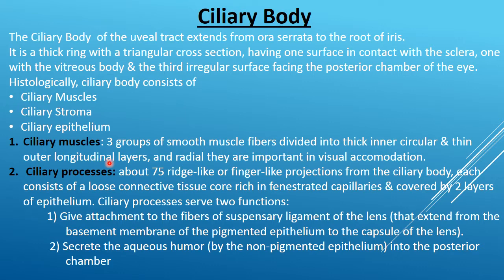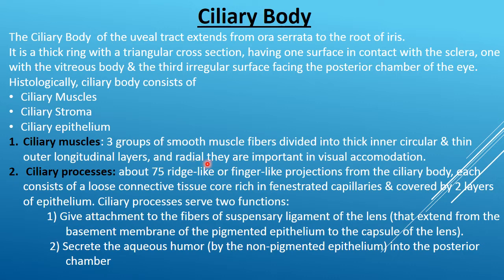As I have told you, the longitudinal muscle is attached at the limbus, and it helps to widen the angle of the canal of Schlemm, and it improves the circulation and flow of the aqueous humor into the venous circulation. The radial muscles are very important.